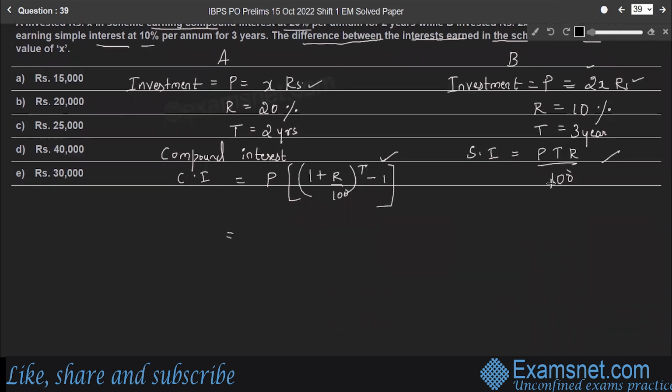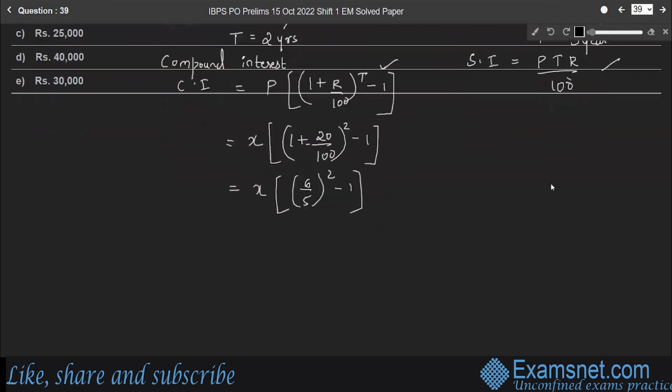So principal is X rupees into (1 plus rate 20 by 100) to the power of 2, minus 1, right? So X into, so 120 by 100. So we can write it as 6 by 5 to the power of 2, minus 1.